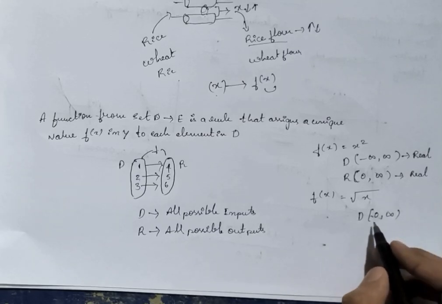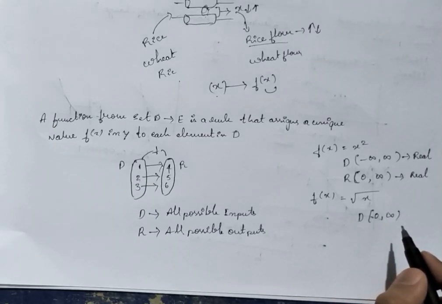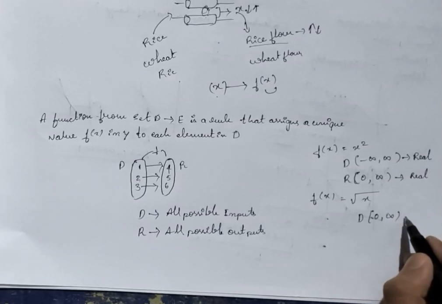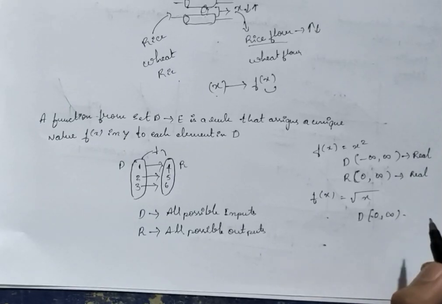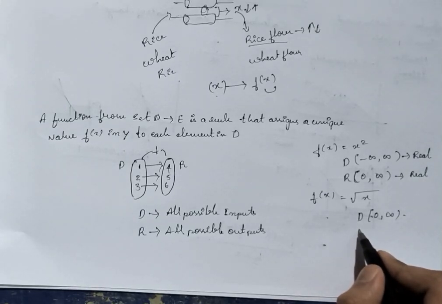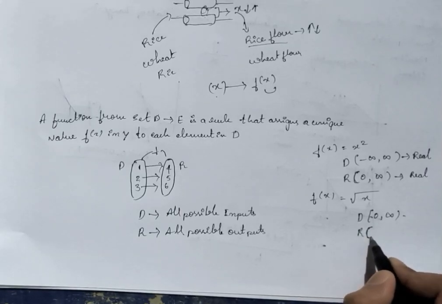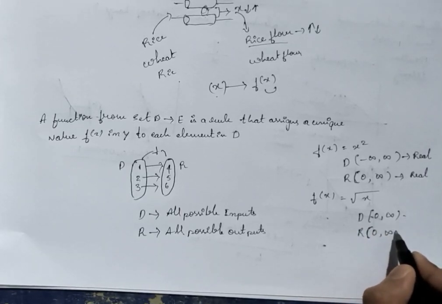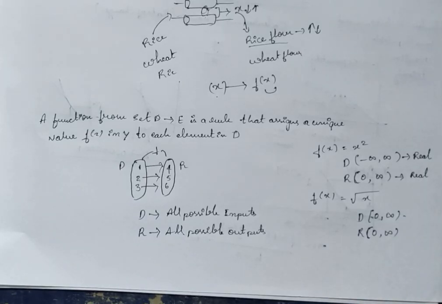But we can give only positive real numbers. What output we get? All outputs we get is range, that is from 0 to positive infinity. This is the domain and range. I'm going to discuss some more problems in the next video and in a detailed study of functions.